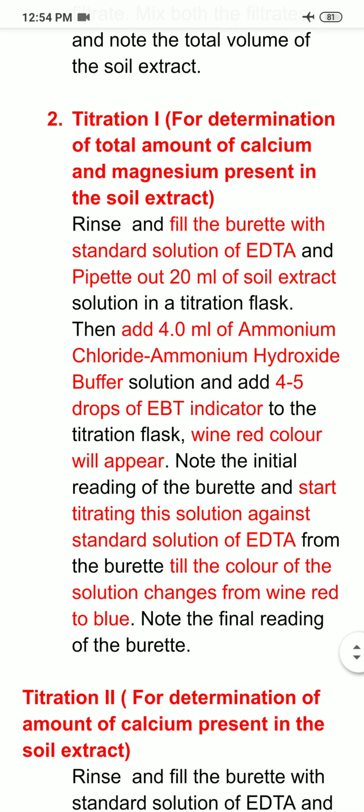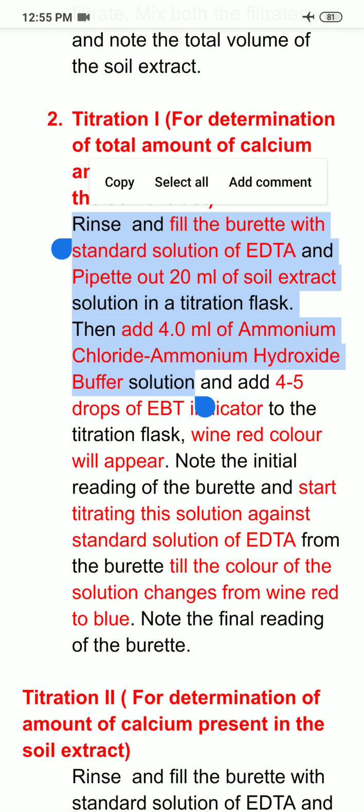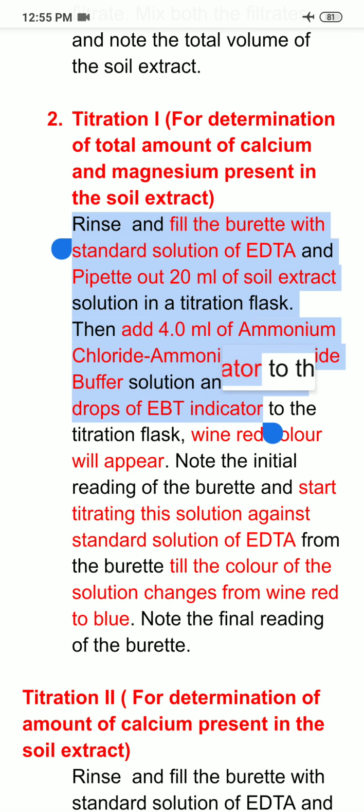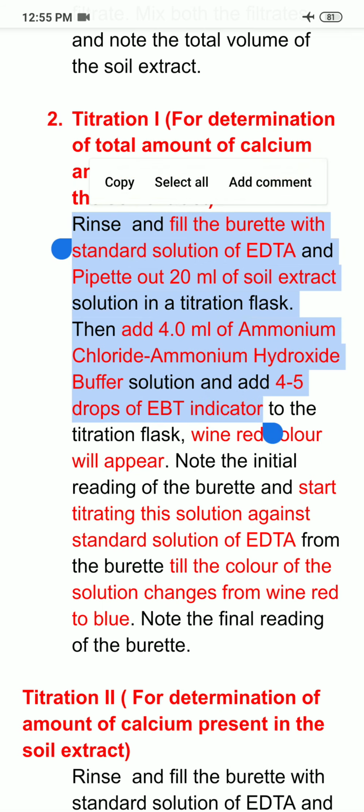So we need to rinse and fill the burette with standard solution of EDTA, and pipette out 20 ml of soil extract solution in a titration flask. Then we will add 4 ml of ammonium chloride ammonia buffer to maintain the pH, and then add 4 to 5 drops of indicator to the titration flask.